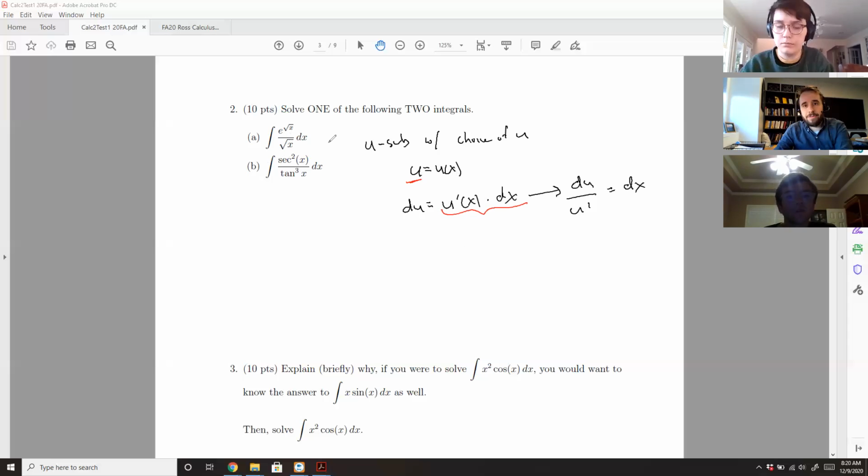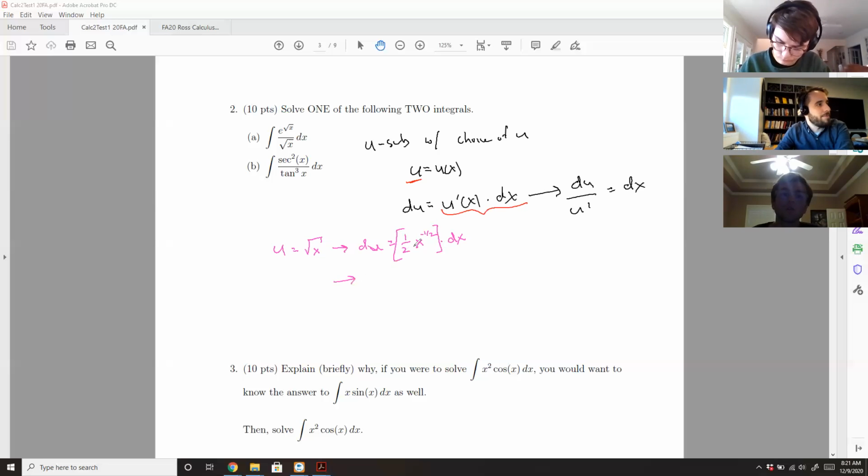So in the first example, we could say, let u equal the square root of x. If we identified that, that would mean that du is the derivative of that. The derivative of the square root of x is 1/2 x to the negative 1/2. And so we could write du equals 1/2 x to the negative 1/2 dx.